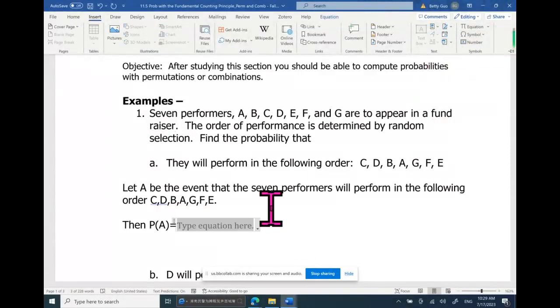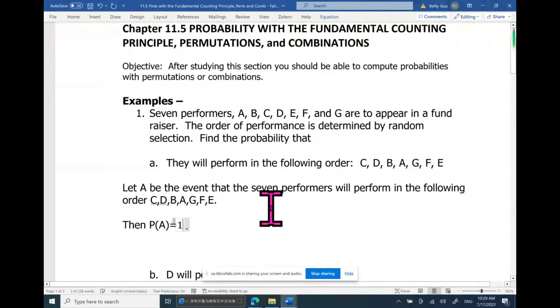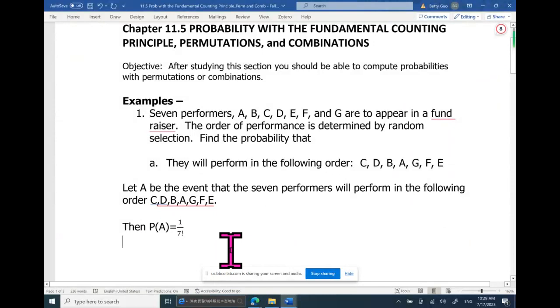The numerator would be 1. The denominator would be 7 factorial. Let me explain. The denominator is the total number of possible outcomes of this experiment. 7 performers are to appear in a fundraiser, and the order of performance is determined by random selection.